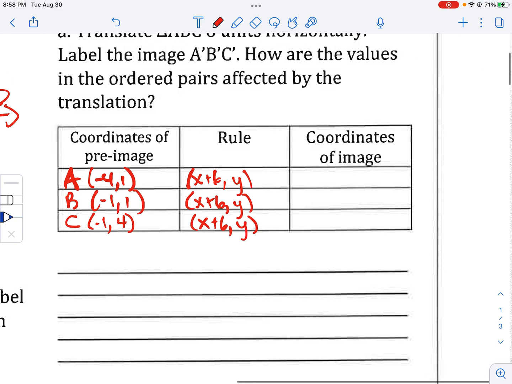Okay, so if I'm going to add 6 to the x value, that means A prime is going to be 2, 1. B prime is going to be 5, 1. And C prime is going to be 5, 4.